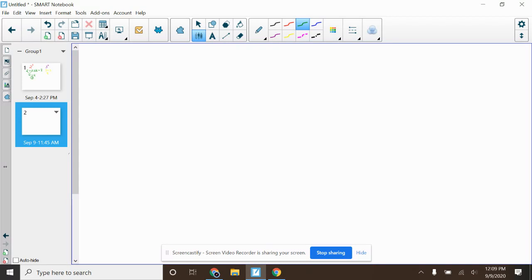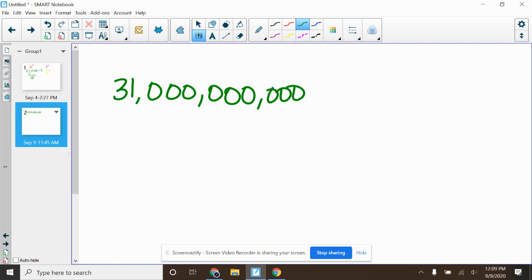The example is 31 billion. Everybody write that number on their paper. Divided by 10 to the 5th power. Oh, yeah. Easy.